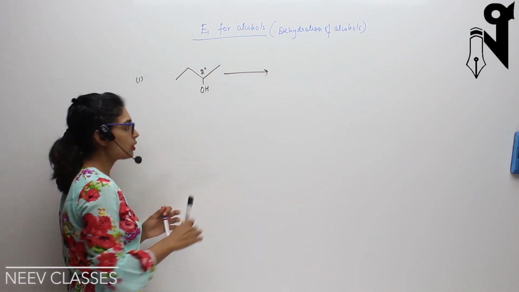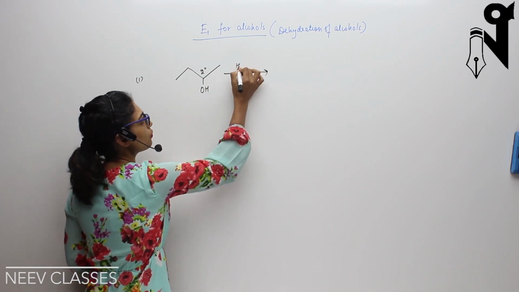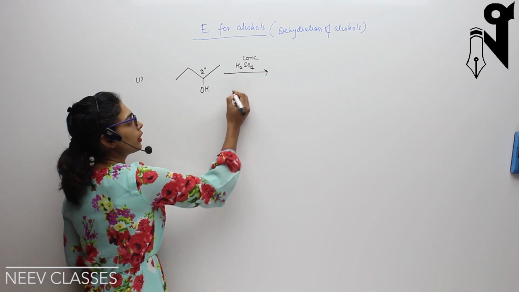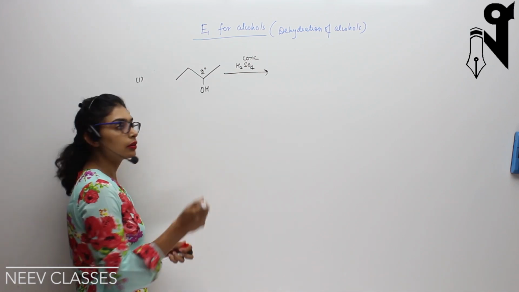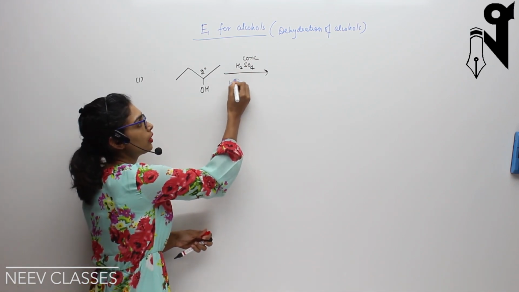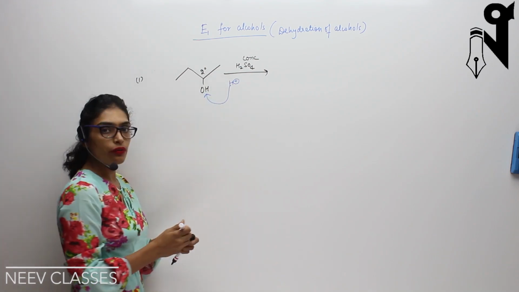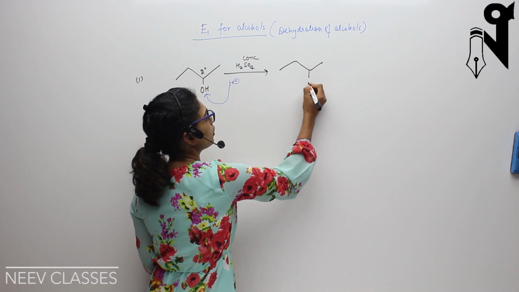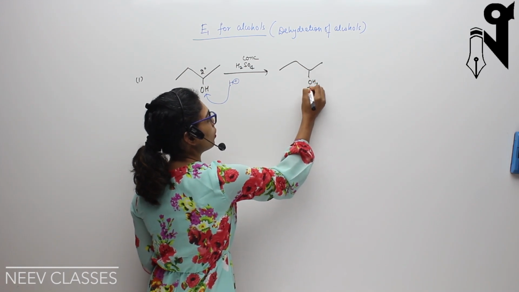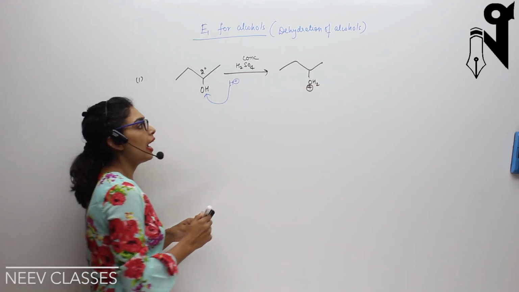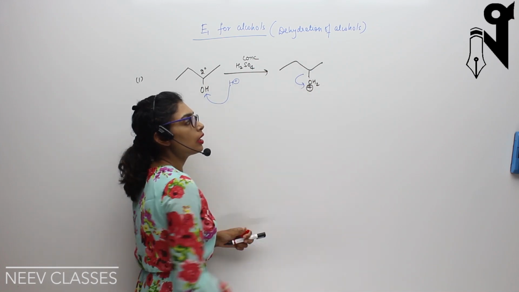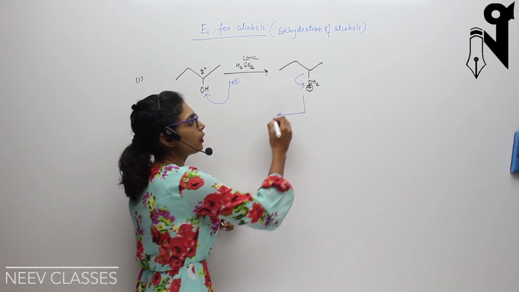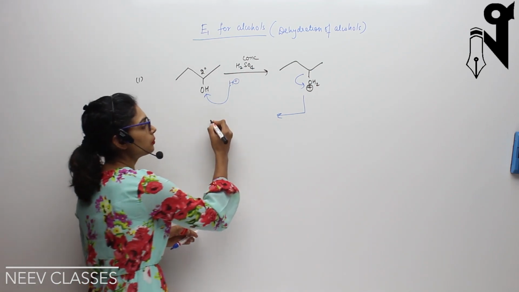Now if this is treated with H2SO4, the H plus will first attack on OH and form the protonated alcohol. Then the removal of H2O will be the next step, leading to the formation of a carbocation.